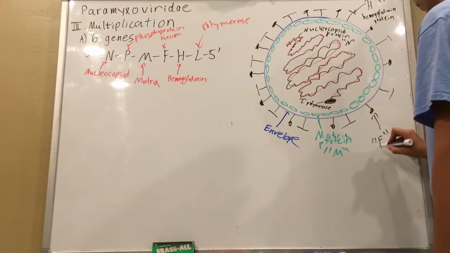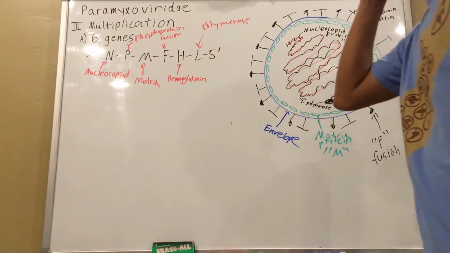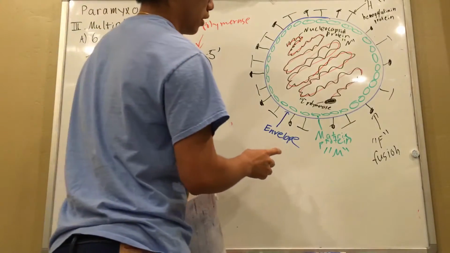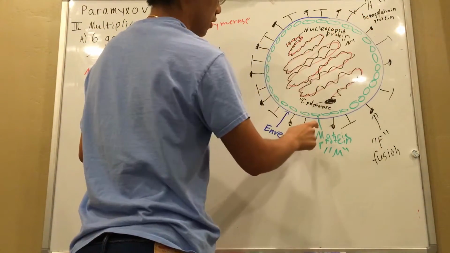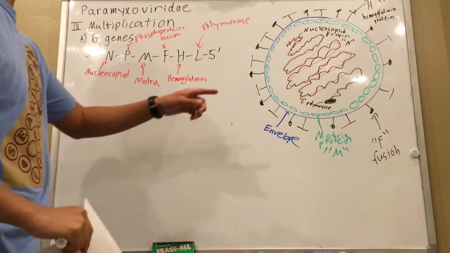This is F for fusion. Okay. So you can see on here, there should be 6: 1, 2, 3, 4, 5, and then 6. 6 proteins.